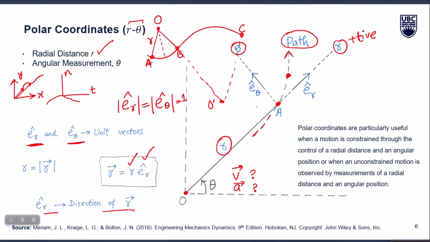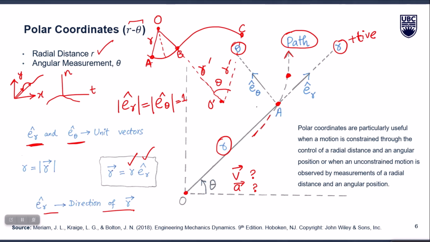So in that case also, maybe I call it r prime, this kind of motion will be conveniently described using r theta coordinates, right? Because it has a definite value of radial distance, and that distance is being rotated by an angle at the center of that circle to actually produce the path of that motion.